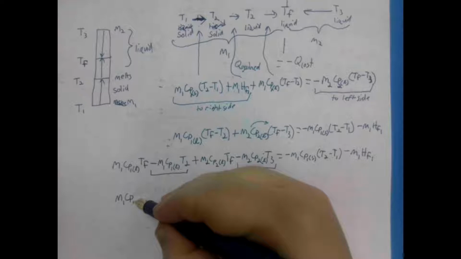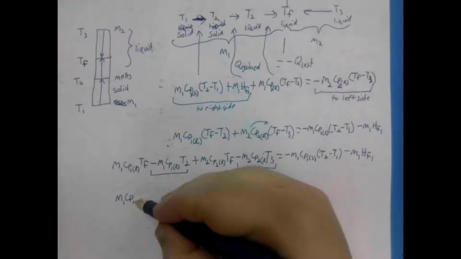This right here, you can factor out the TF. This becomes M1 CP1L plus M2 CP2L times TF. And then we can simply divide and we get the final equation.